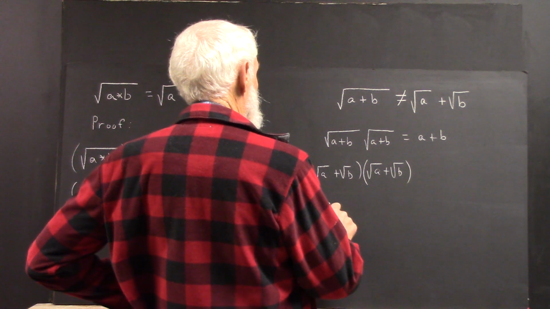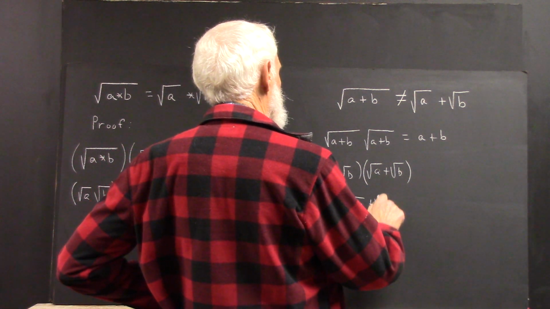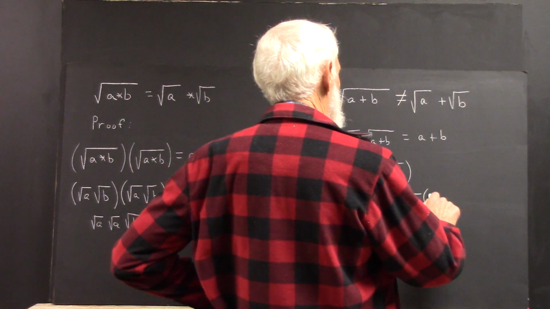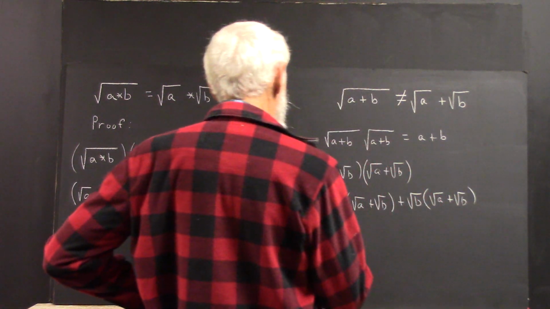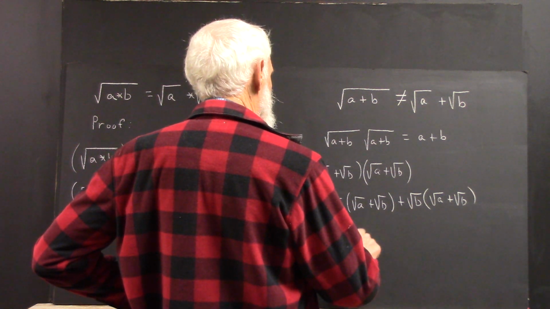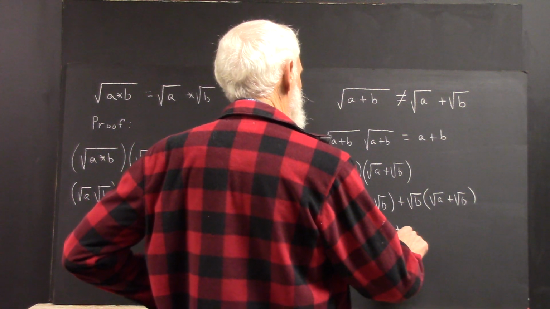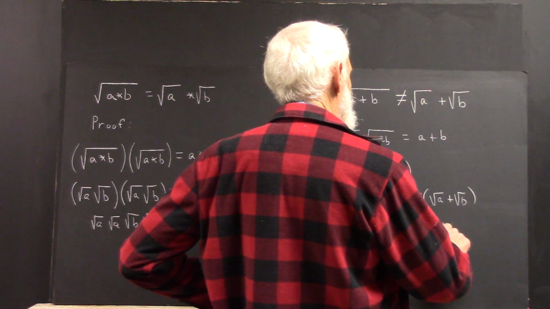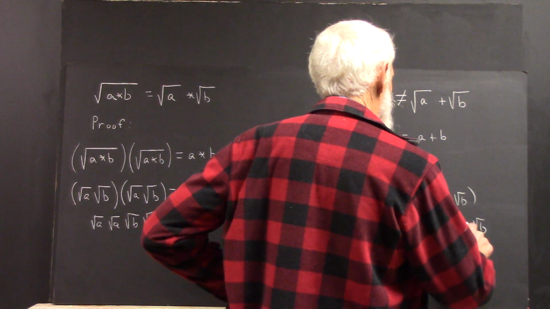This equals the square root of A times the square root of A plus the square root of B, plus the square root of B multiplied by the square root of A plus the square root of B. And that equals the square root of A times the square root of A, plus the square root of A times the square root of B, plus the square root of B times the square root of A, plus the square root of B times the square root of B.